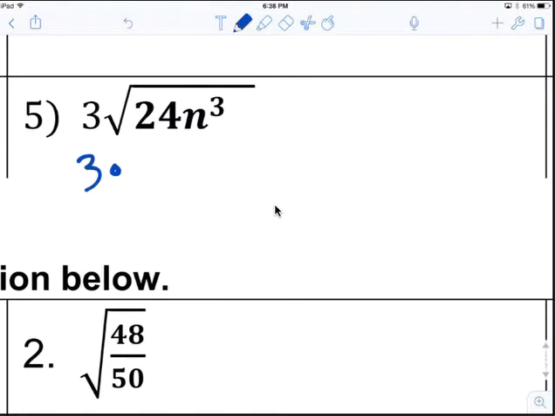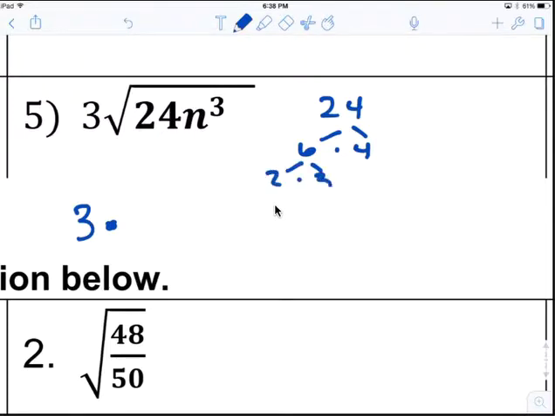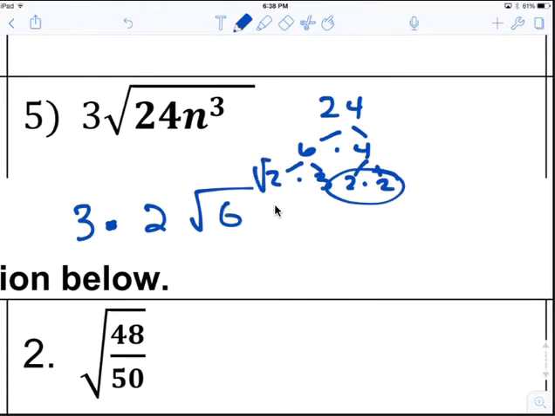times 24 right here. 6 times 4. 2 times 3. And 2 times 2. That's perfect. That's 2 square root of 6, because this 2 doesn't have a pair.